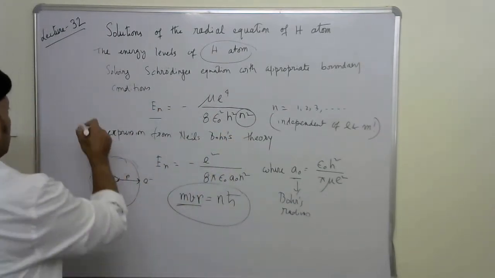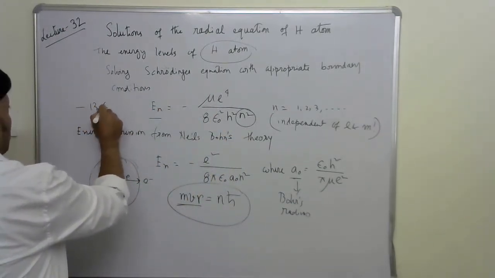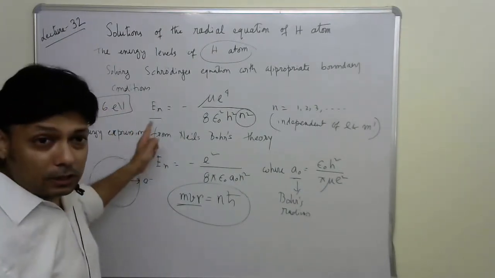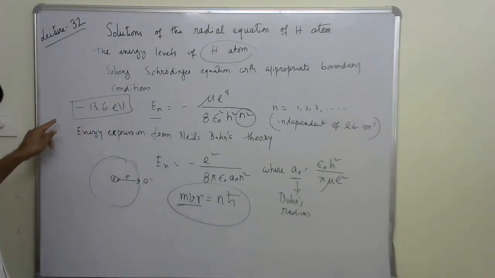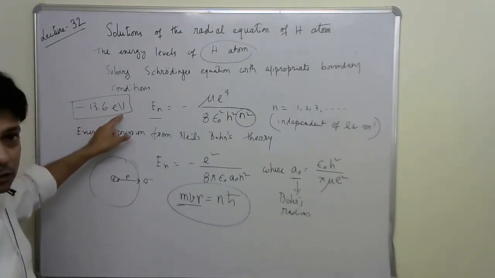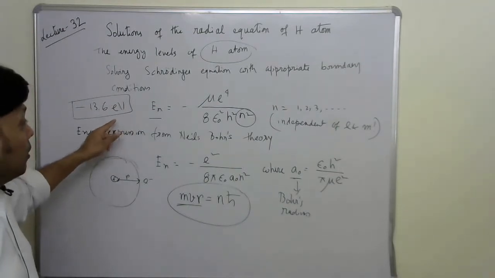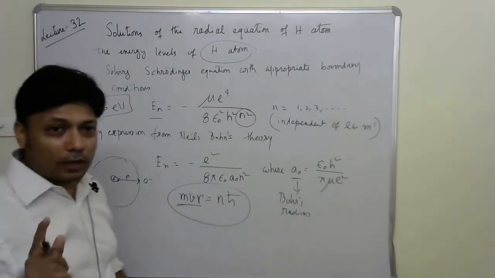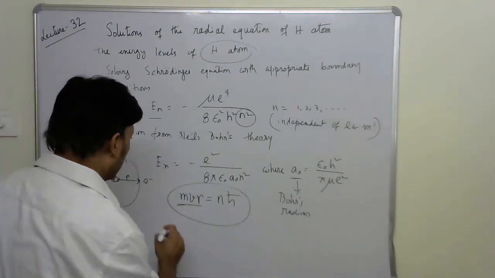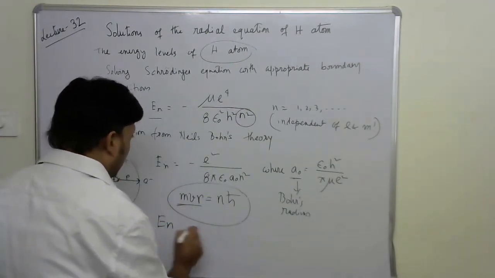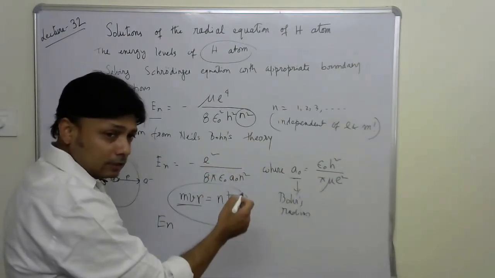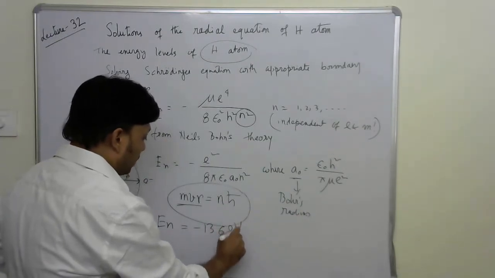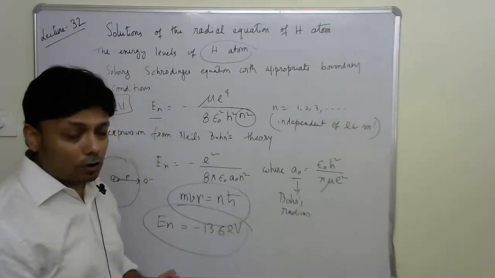All right, and another striking feature is that for n is equal to 1, if we calculate this energy, it comes out to be exactly minus 13.6 electron volt. And experimentally, it has also been found that this is exactly minus 13.6 electron volt from spectroscopic results verified by the quantum theory. And the most striking feature of the Niels Bohr theory is that this value En, calculated from all these constants, also comes out to be minus 13.6 electron volt.